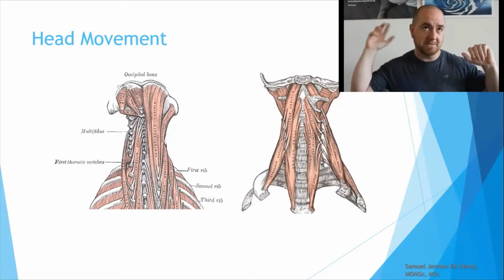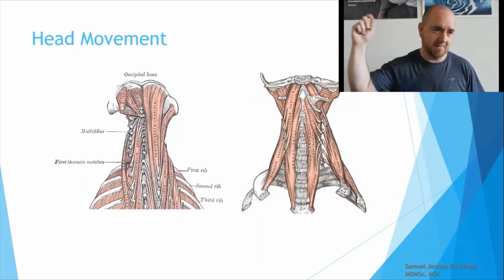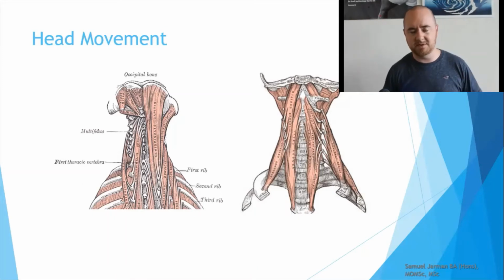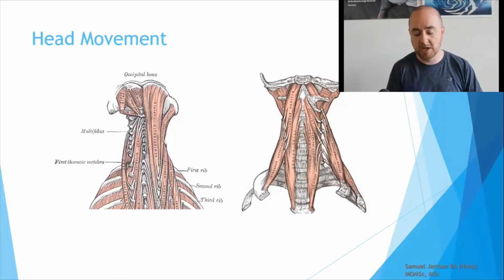Longissimus capitis, splenius capitis, semispinalis capitis, then rectus capitis posterior major and minor, obliquus capitis inferior and superior. And then there are all other small muscles that may contribute a little bit, but not particularly likely, because most of the intervertebral muscles are replaced with the suboccipitals once you get to the head on C1.